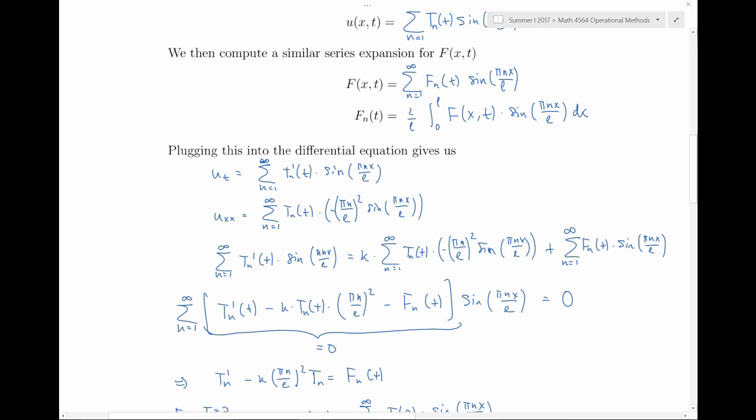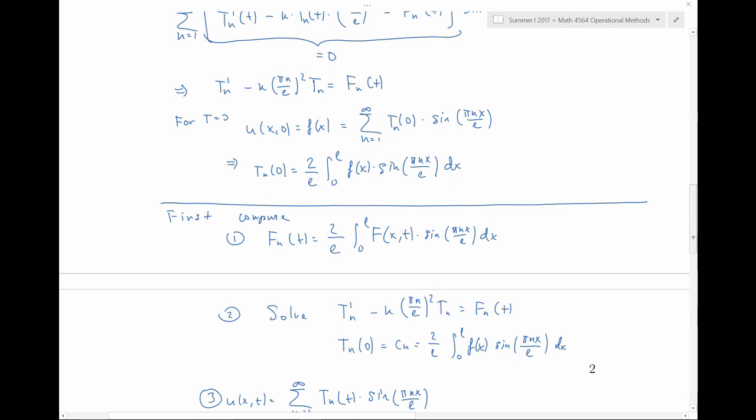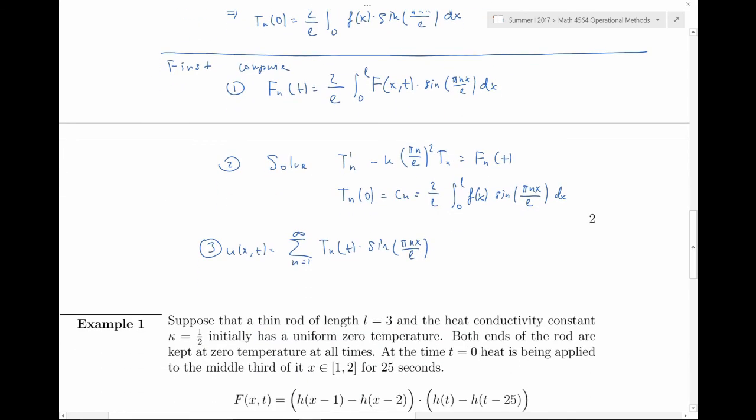And instead of the first order equation, we will have a second order equation with slightly different solutions. And instead of a single initial condition, we'll need two initial conditions for both u of x, 0 and u_t of x, 0. But the idea is the same and the algorithm will stay the same.